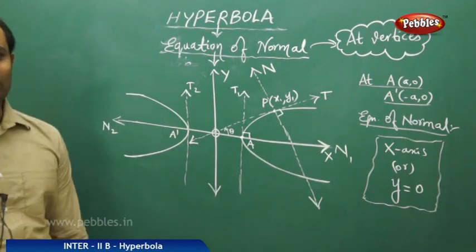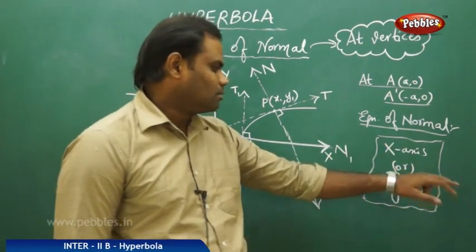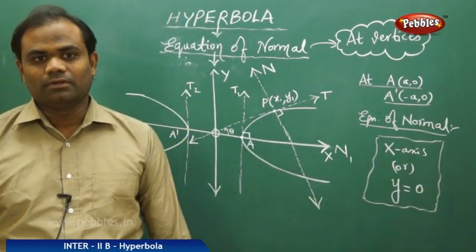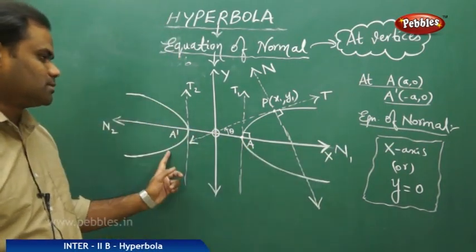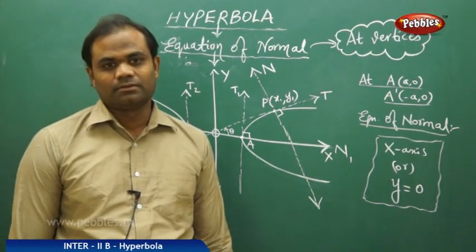So the equation of normal is the x-axis or y equals 0, is how we understand the normal connected with the vertices as the special case.